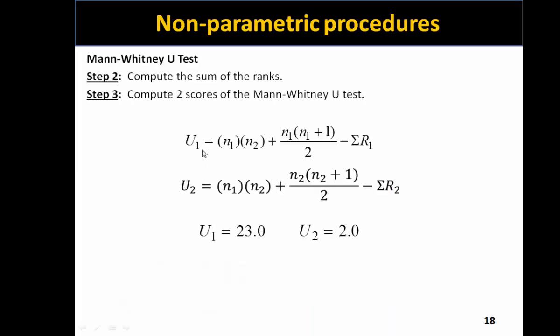By inputting the sample size, so we had 5 participants in group 1, 5 participants in group 2, and we sum the ranks for group 1, and likewise we carry out the same mathematical approach, except the only difference is that we work in the summation for the participants in group 2. And so we see a lower U value for U2 than it is for U1.